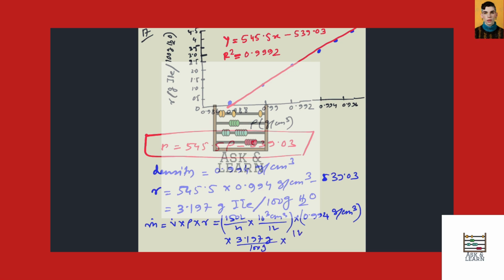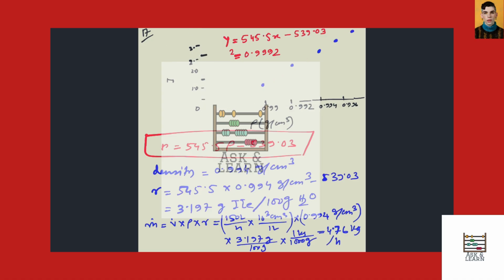Let's get it to kg: 1 kg divided by 1000 gram. Therefore we get the mass flow rate as 4.76 kg isoleucine per hour.